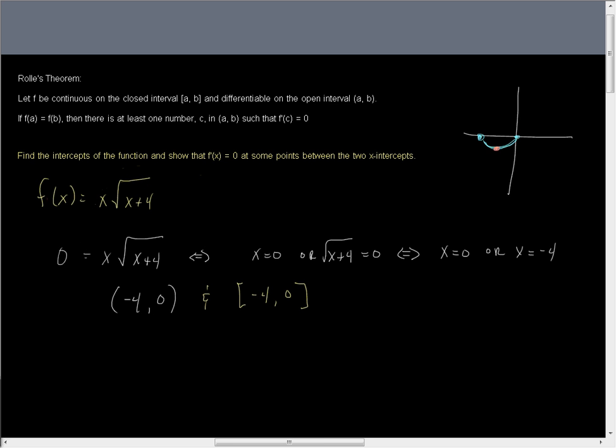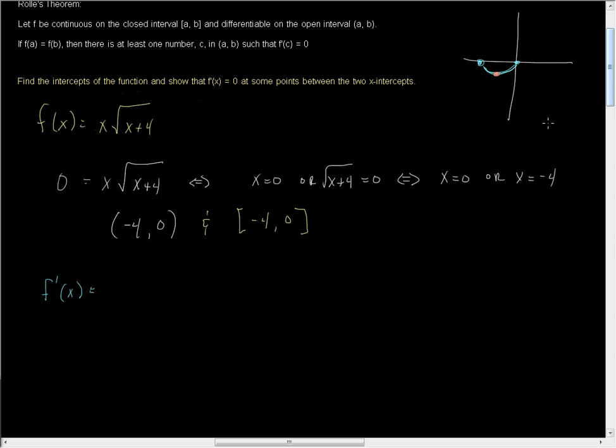So let's find its derivative. I'm going to use the product rule. You can multiply this through if you so choose, and use x to the 3/2 plus and work it that way if you want. That's entirely up to you. I'll use the product rule in this case. So I take the derivative of the first, which is 1, times the second, plus the derivative of the second.